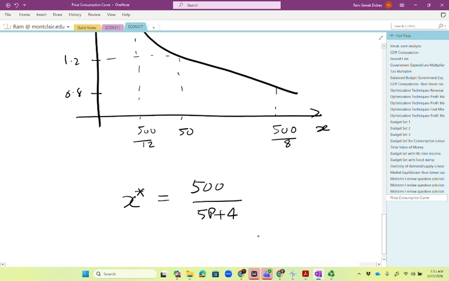That's the downward sloping demand for good X. This is also a good example to see that for this utility function, or for this preference, the inverse demand function is not a straight line. And this is a good point to stop.